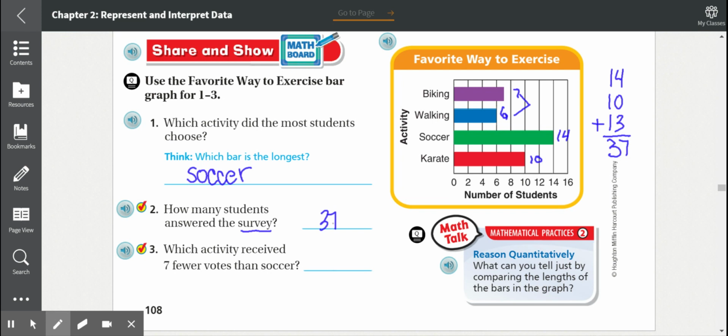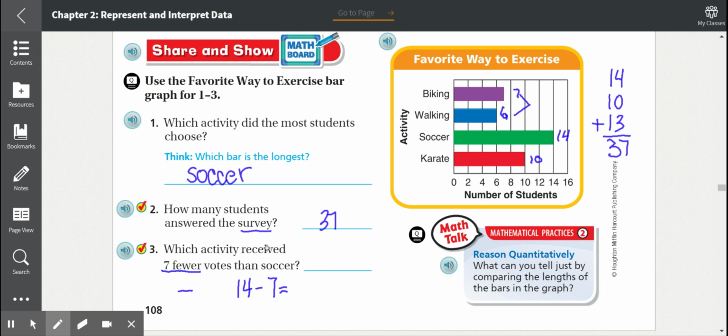Okay, let's answer the next one. Which activity received 7 fewer votes than soccer? 7 fewer means 7 less. So that means subtraction. Which one has 7 less than soccer? So look at soccer. Soccer is 14. 14 minus 7. 7 fewer.